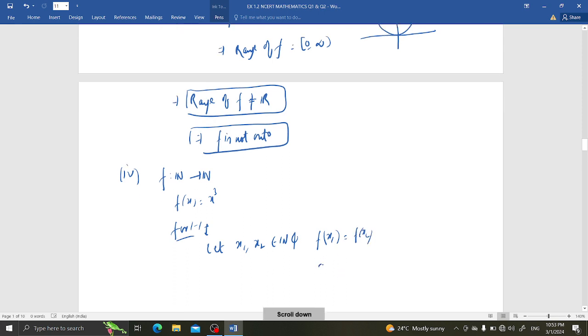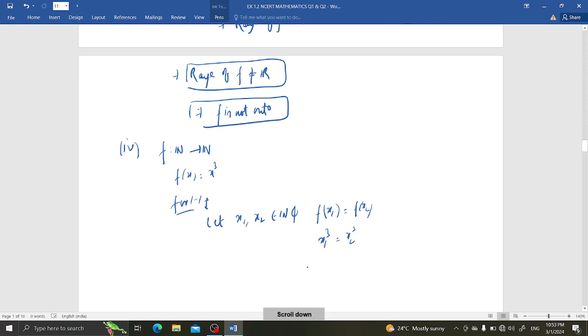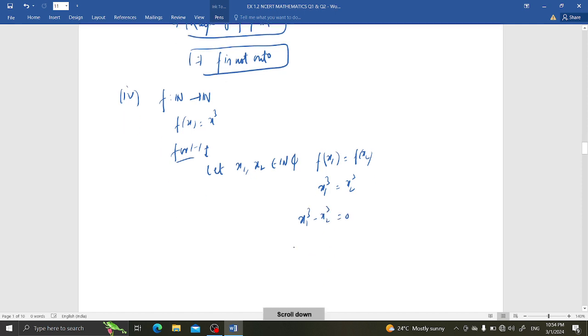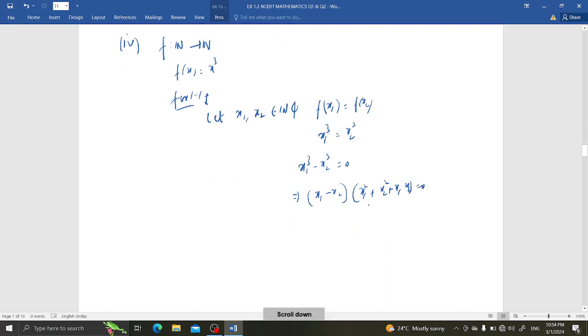What we have, x1 cube equals x2 cube, so x1 cube minus x2 cube equal to 0. It implies that (x1 minus x2) times (x1 square plus x2 square plus x1 x2) equal to 0. Now you can see this second part is not equal to 0.